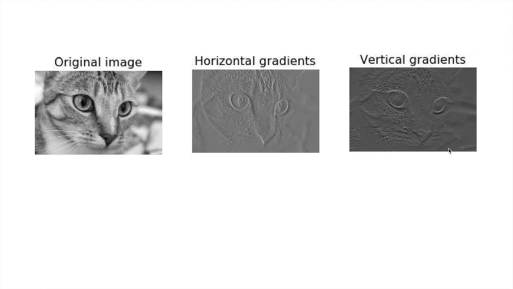Notice that the horizontal gradients pick out strong vertical patterns, such as the inner edges of the cat's eye, while the vertical gradient picks out strong horizontal patterns, such as the whiskers or the upper and lower lids of the eyes.